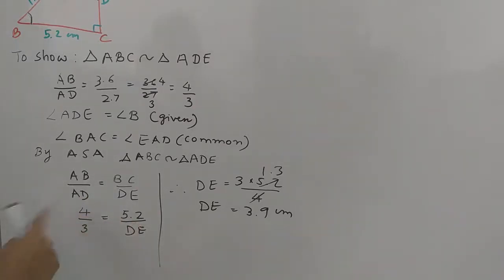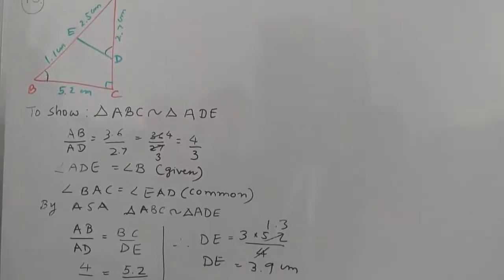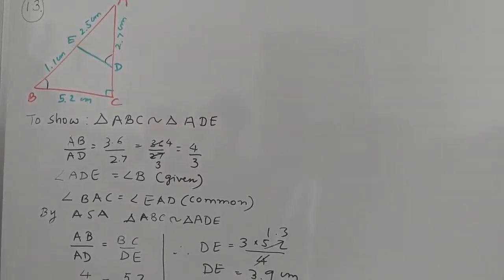So I cross multiply, DE is equal to 3 multiplied by 5.2 divided by 4, and 4 into 1.3 is 5.2. So after cancellation, DE is equal to 3.9 centimeters. So here we found our final answer, DE value 3.9 centimeters, and accordingly you have to show triangle ABC similar to triangle ADE.